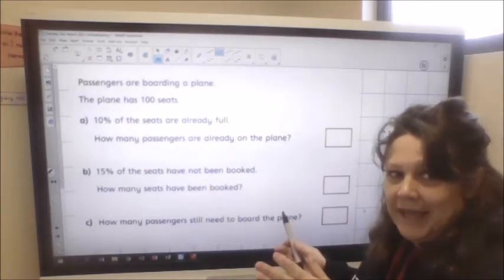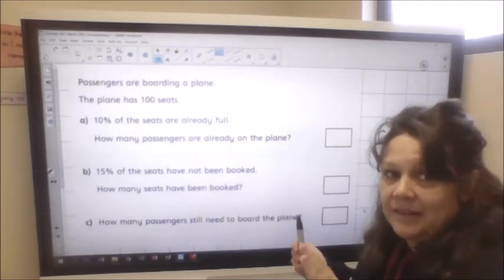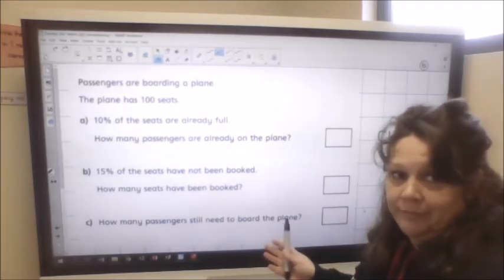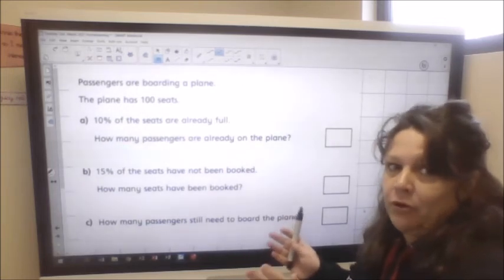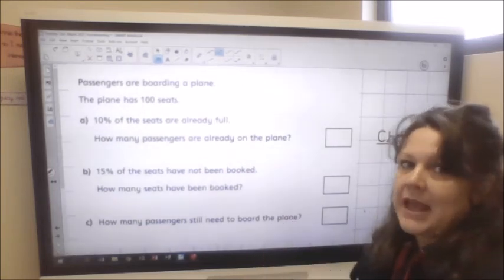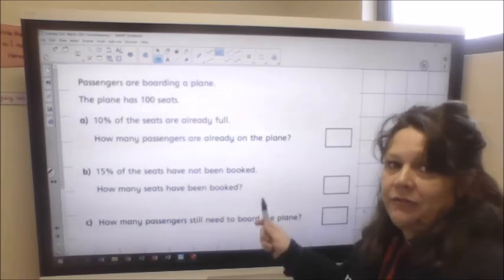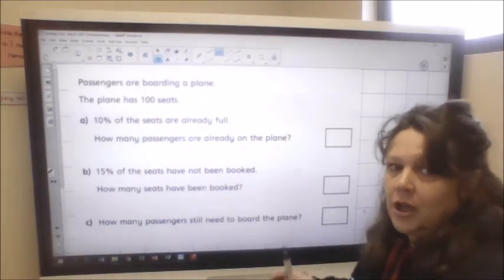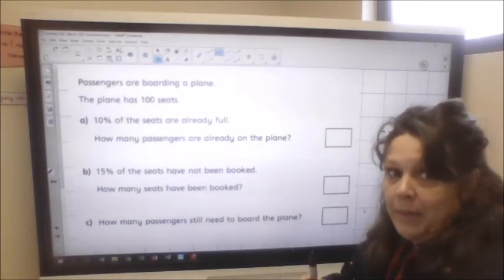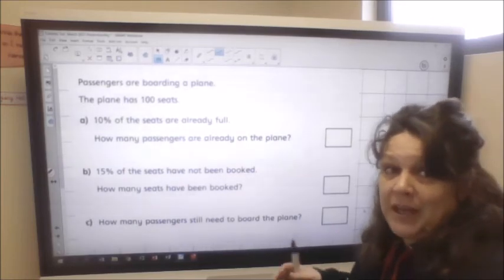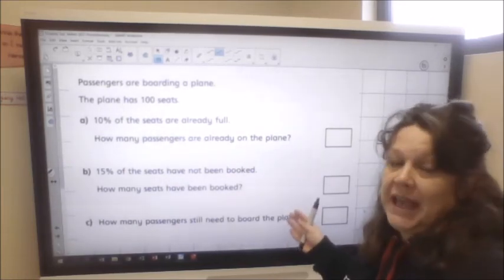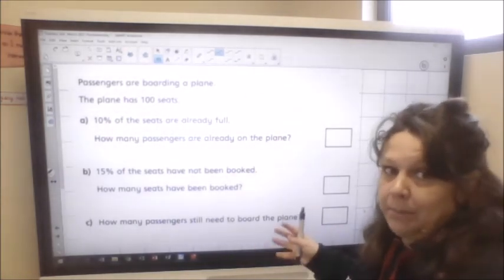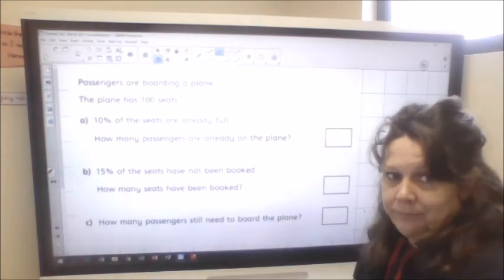100 seats on the plane, 10% have already got on. So how many people have already got on that plane? Then 15% of that 100 have not been booked. So what's the capacity? How many people are going to be getting on that plane in total? All right.